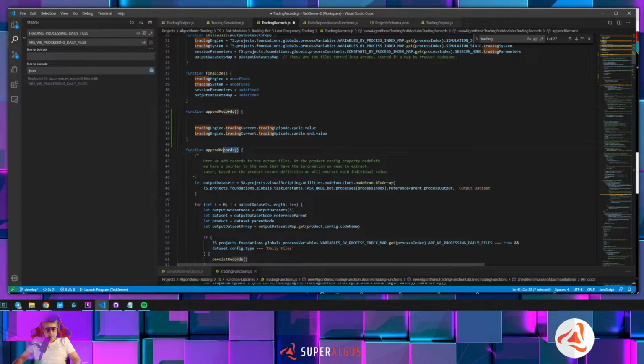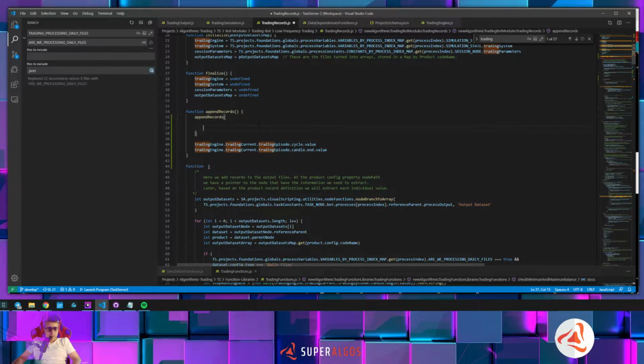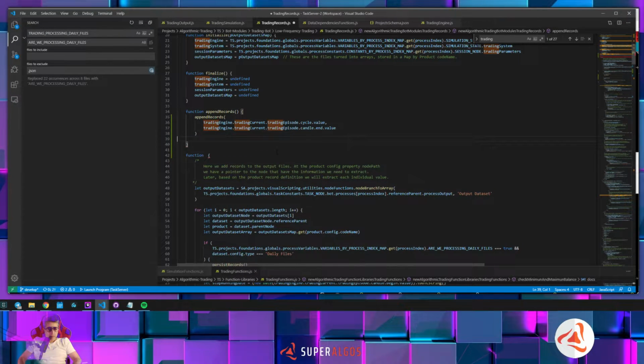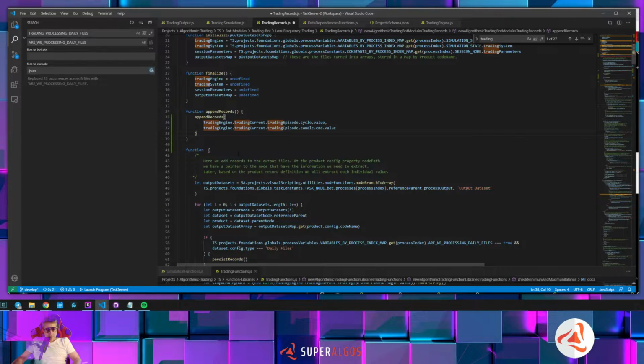Here I will execute append records and I will send the cycle and the candle end.